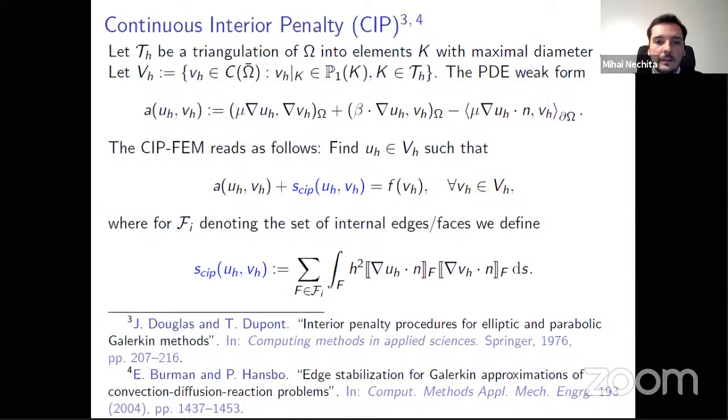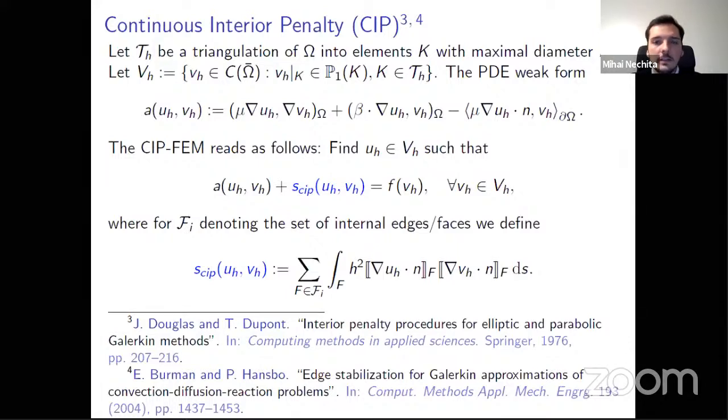I call this the continuous interior penalty stabilization term, which is defined in the following way, basically penalizing the jumps of the gradient on the interior faces. It also contains a scaling in the mesh size parameter h.